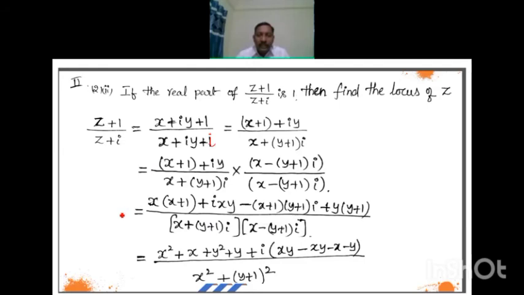The real part of (z plus 1) by (z plus i) is 1, it is given. The real part of (z plus 1) by (z plus i) is equal to 1.